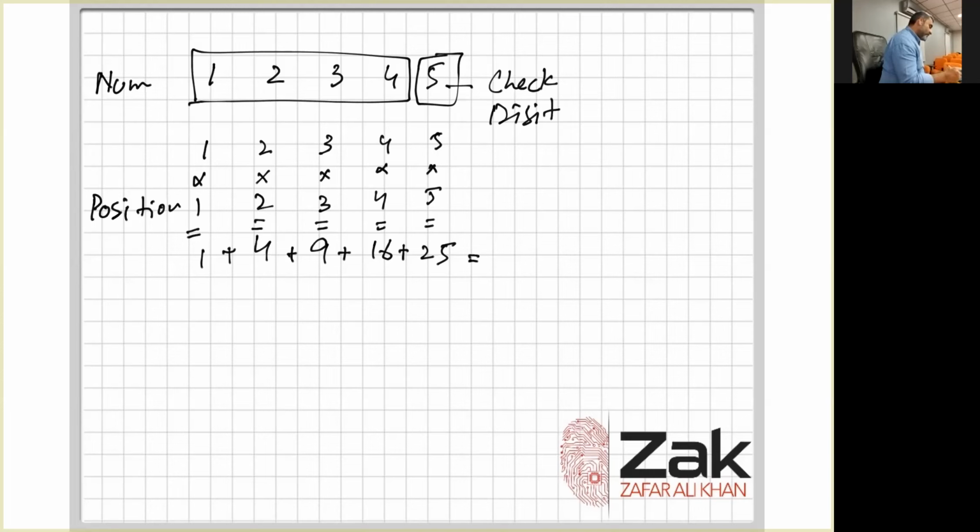It becomes 55. And if we divide this 55 by 11, we would have nothing left. So it means that this is the correct check digit. This is the strategy that we are going to use.